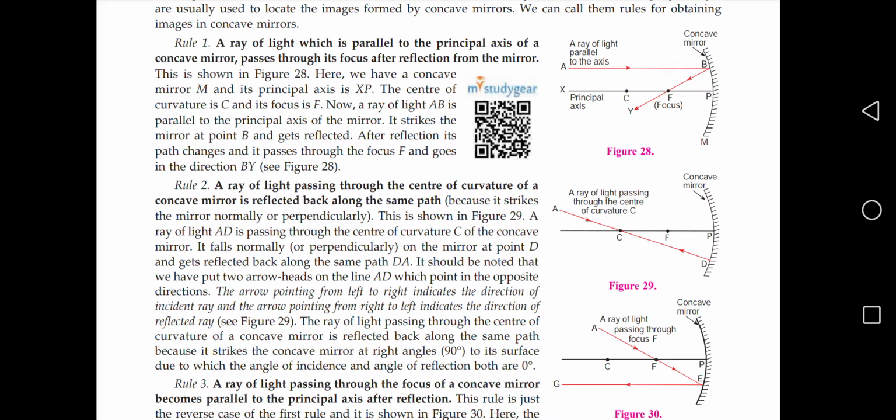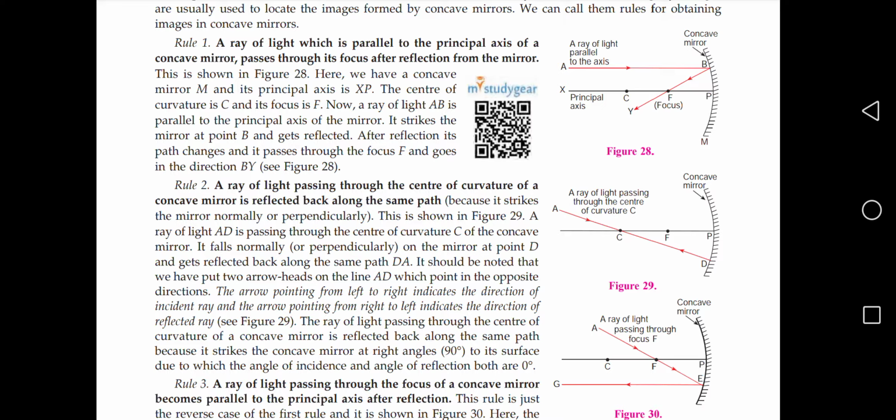That means it has come through C and again it will be reflected along the center of curvature. If it is coming through center of curvature, after reflection it will go back through center of curvature only. Okay, so here it is shown by the arrow mark. Right, so it is reflected along the same path.